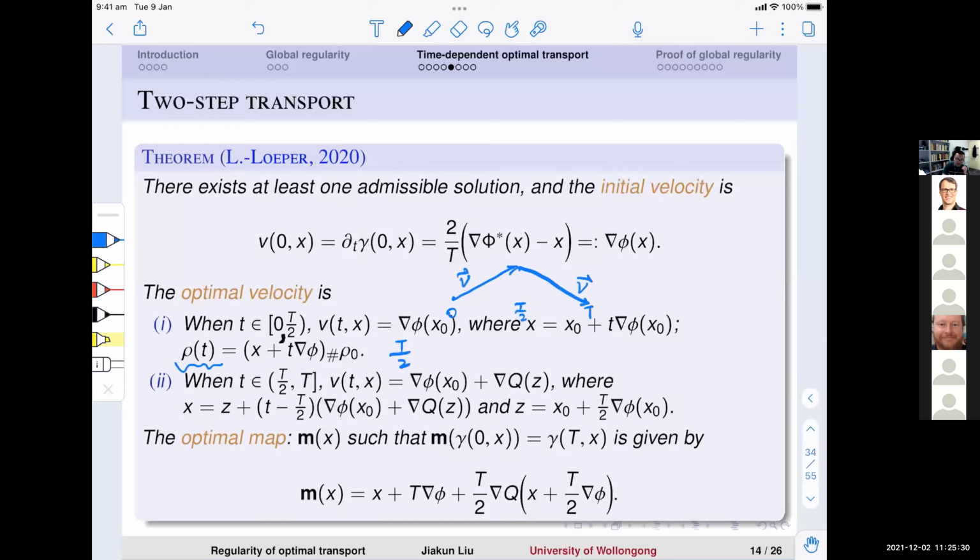So what happens here is exactly being affected by the external force, the power force Q. So we can describe very clearly what the velocity is, and moreover, what the optimal path is. That means we can write down the path of each particle by this formula.